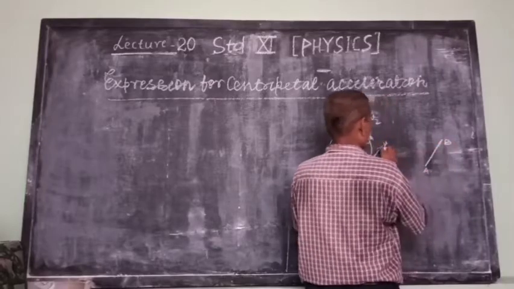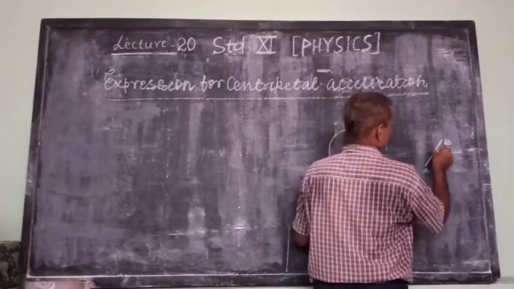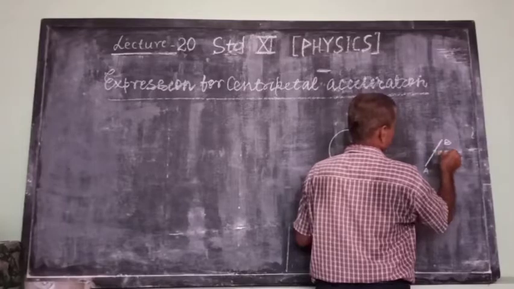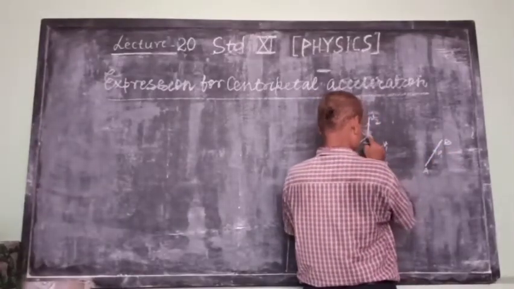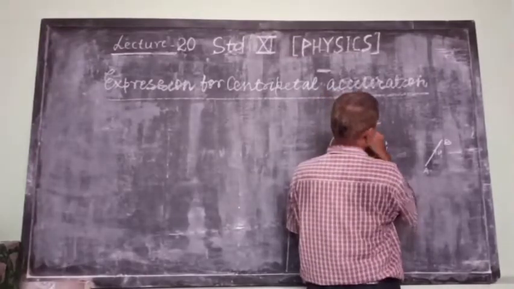AB is equal and parallel to this. So this is your V1 and the velocity at this point, that is V2.